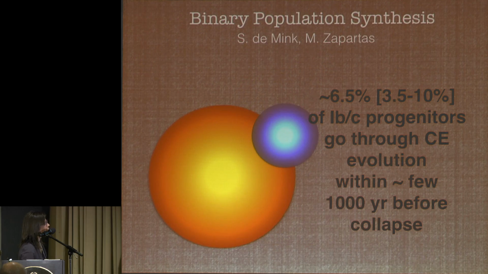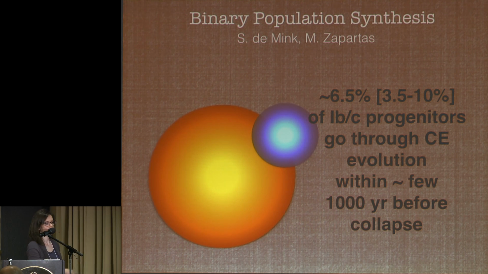Why is that important? Because if Selma and Manos do binary population synthesis, it turns out that the fraction of progenitors of 1BCs that go through the common envelope phase late enough in their evolution, so that the ejection happens very close to the time of death, is actually comparable.